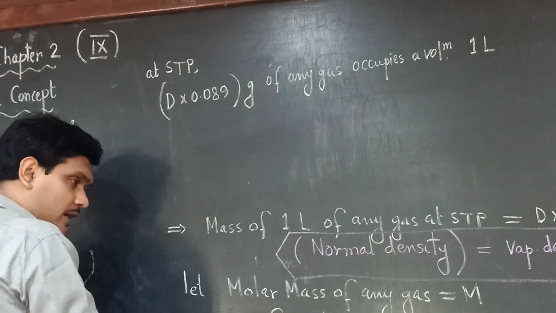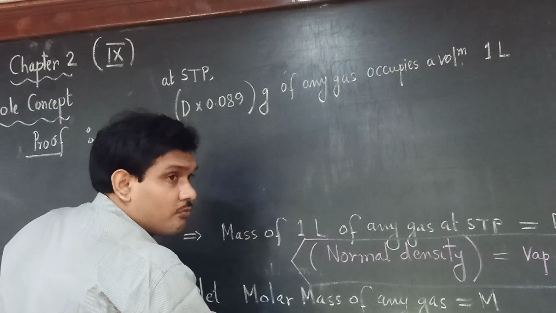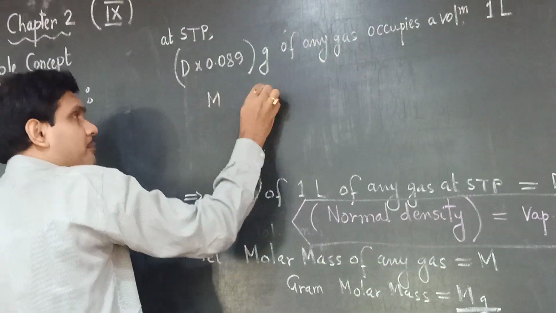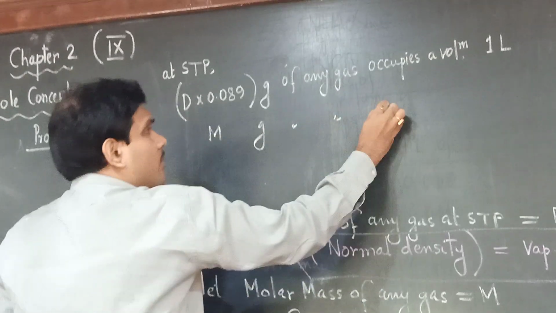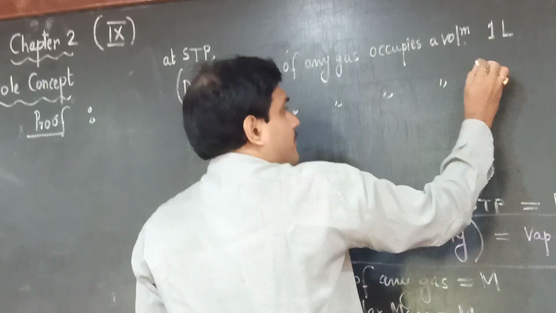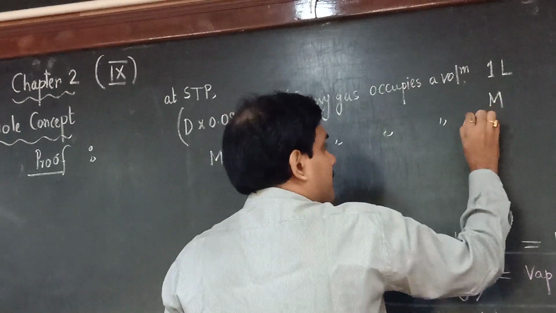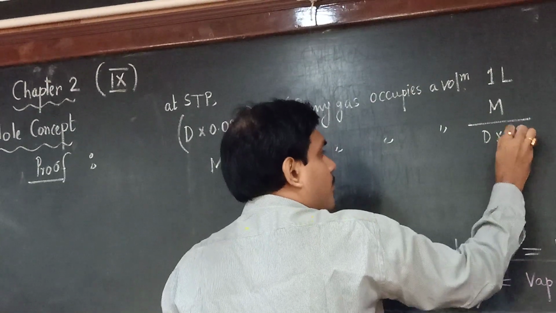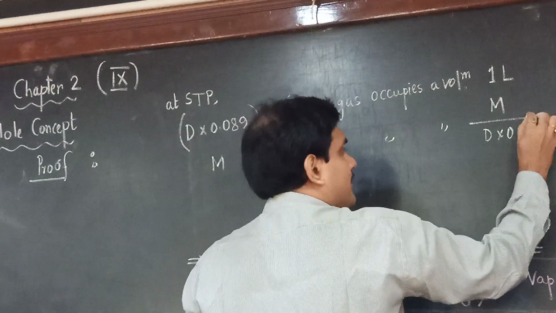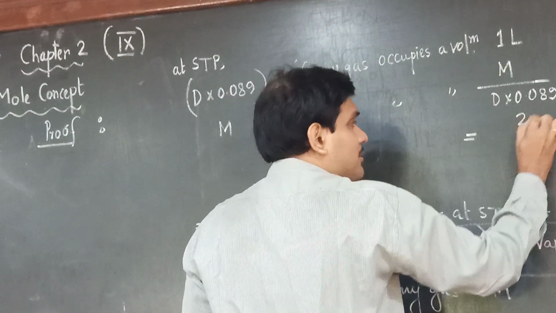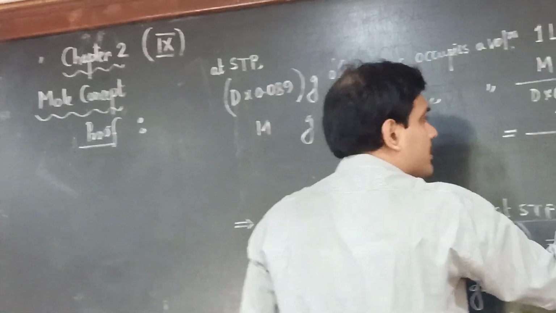Our target is to find the volume of M gram of gas. So M gram of any gas occupies a volume of M by D into 0.089 liter. We have the concept that M is equal to 2D, so I put M is equal to 2D.